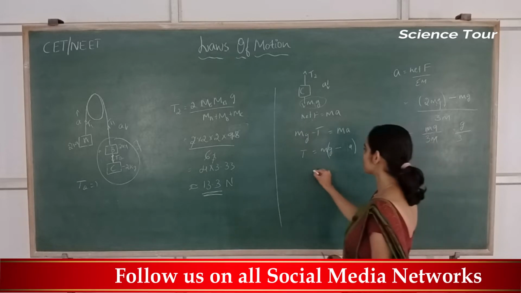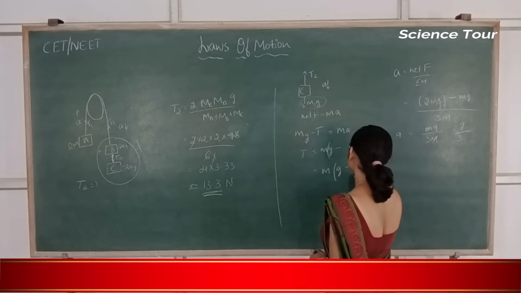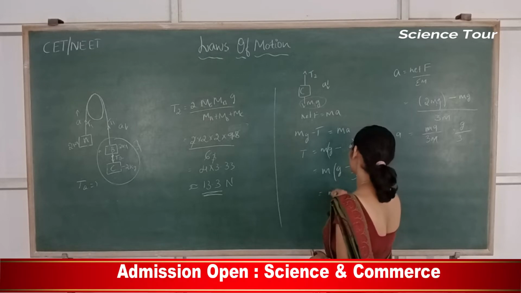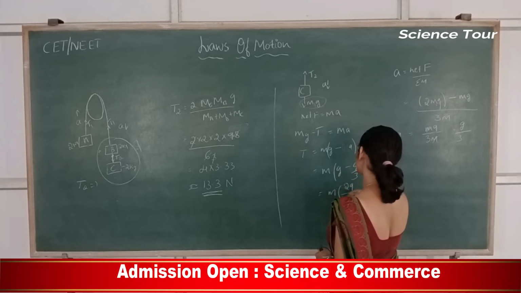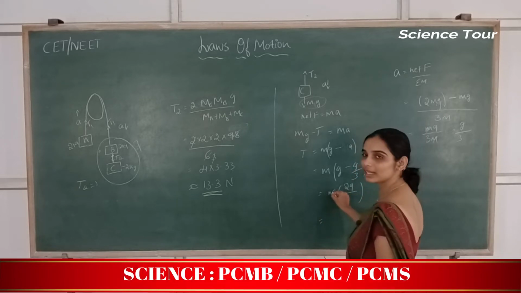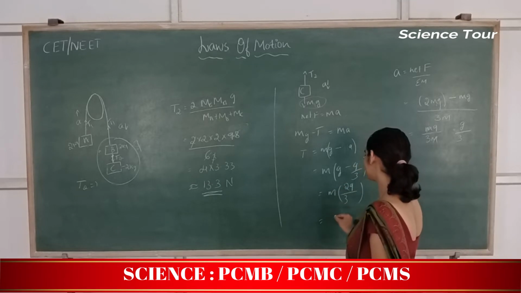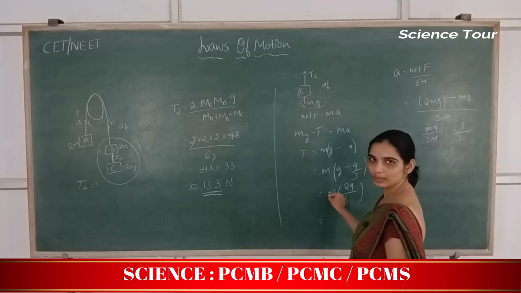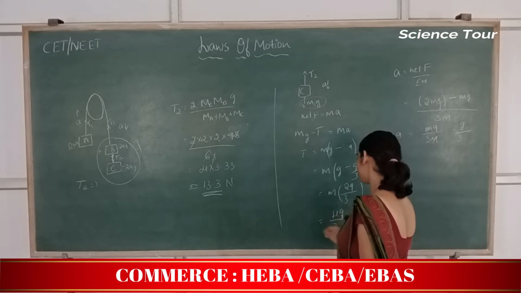Now can you substitute that? M into (g minus g by 3). So m into (3g minus g) means 2g divided by 3. Mass is 2 kg, so 4g divided by 3.